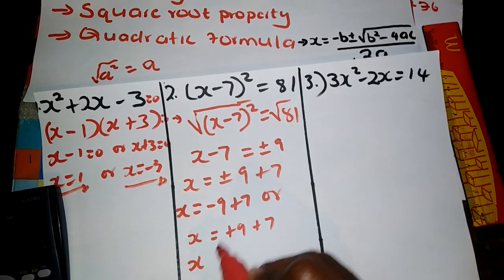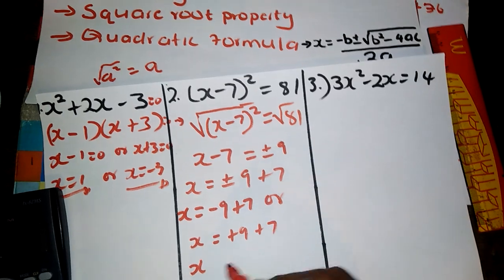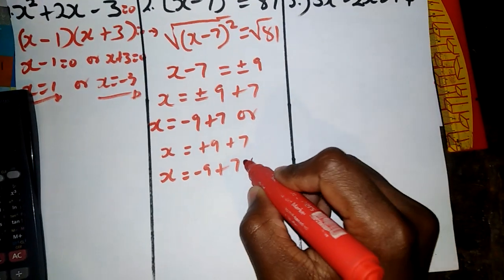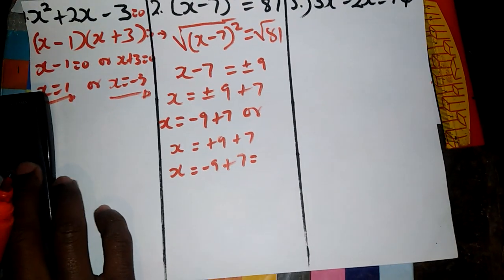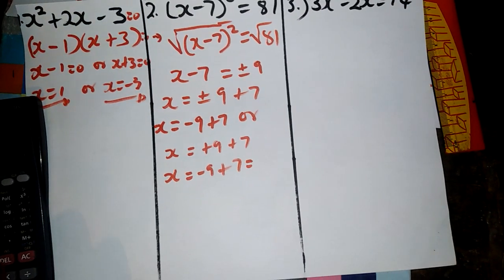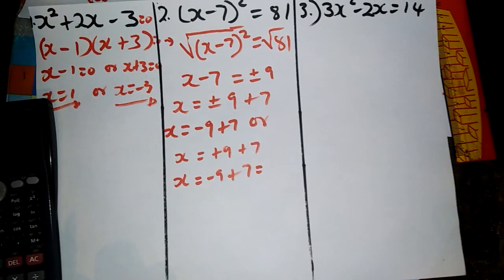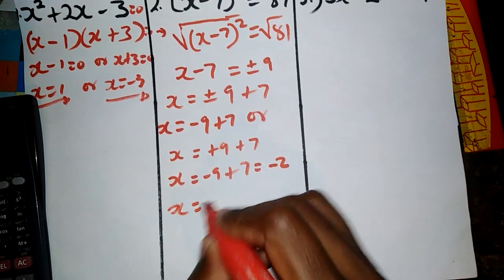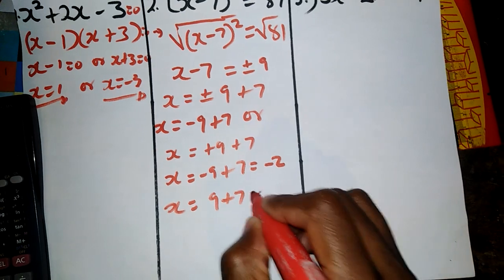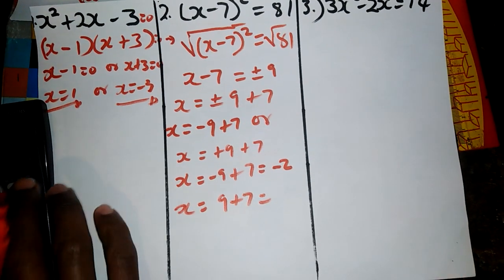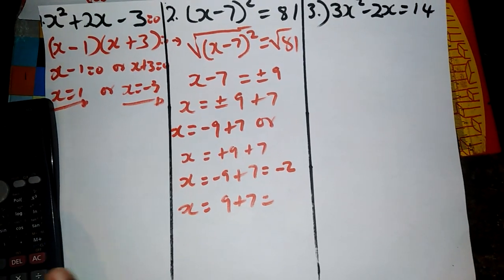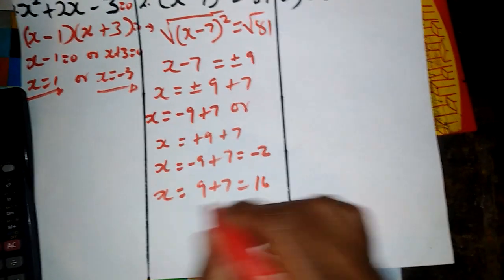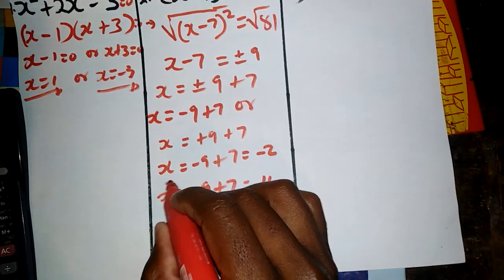Then your answer for minus 9 plus 7 is going to be negative 2, and x for plus 9 plus 7 is going to be 16. Then you are done.